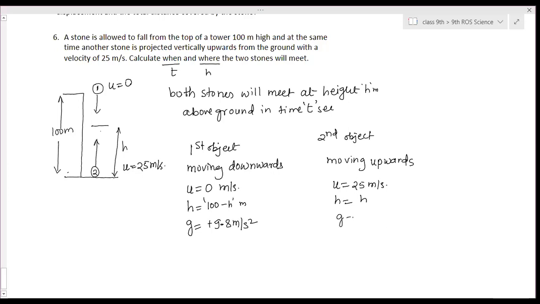And since it is moving upward, g is minus 9.8 meters per second squared. Both have traveled in the same time, because both started moving at the same time, so time is t for both until they meet.